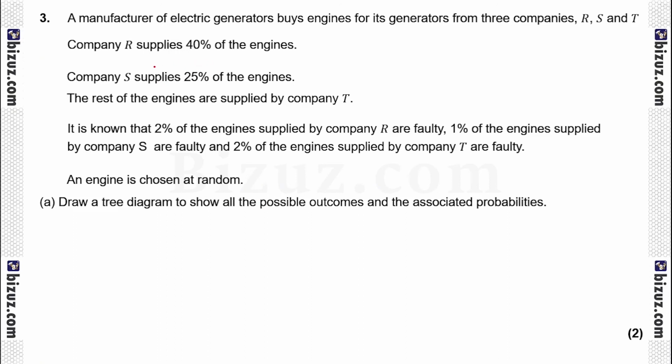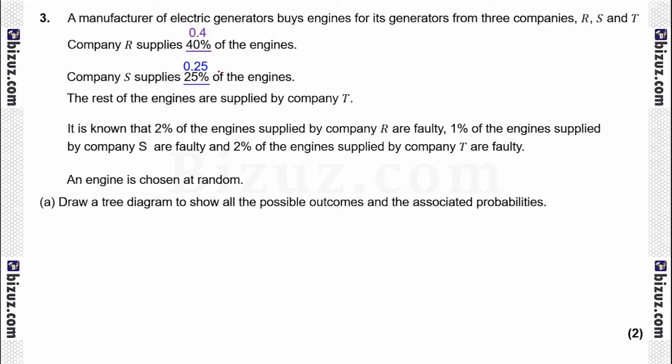And that is the end for question 2. We'll move on to question 3. A manufacturer of electric generators buys engines for its generators from 3 companies, R, S, and T. Company R supplies 40% of the engines. If you want to express that as a proportional decimal, it's going to be 0.4. Company S supplies 25%.